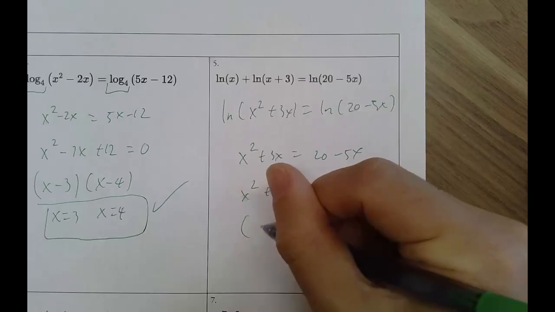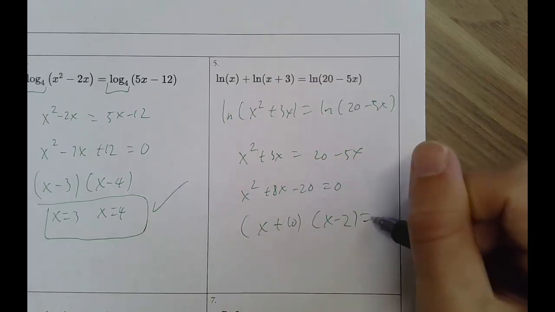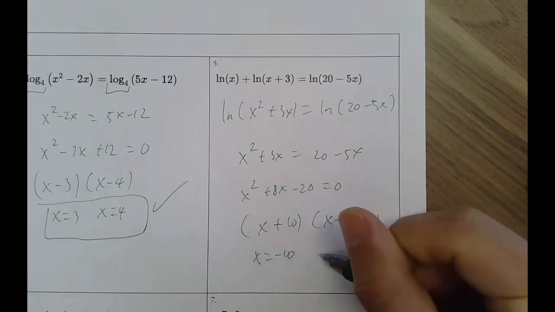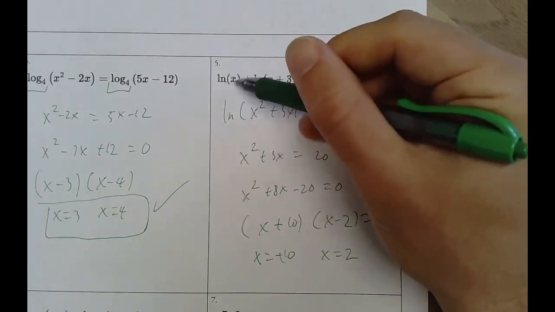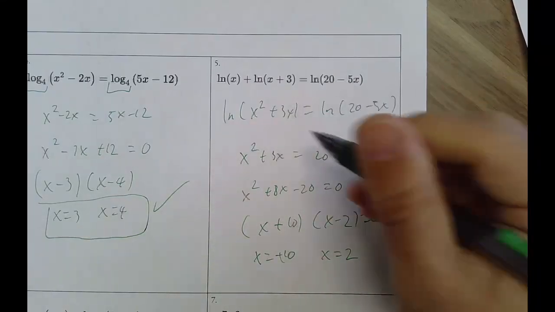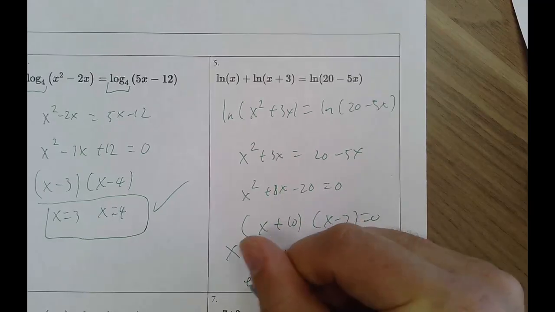So my factors would be x plus 10 and x minus 2. So my solution would be x equals negative 10 and x equals 2. But remember, you plug it back in. Look, negative 10 goes in here, not going to work. 2 will work for all the others, so 2 is my only solution. So this is not going to work. This is extraneous.